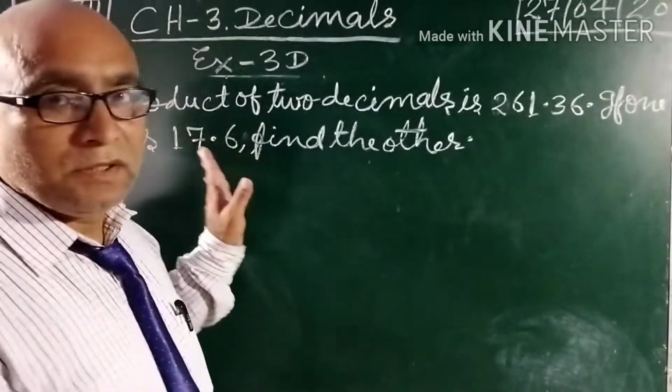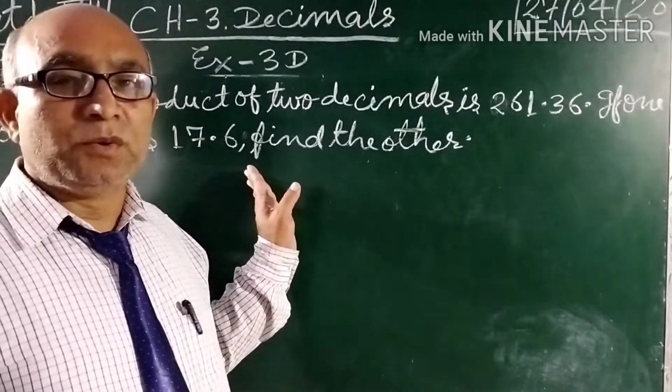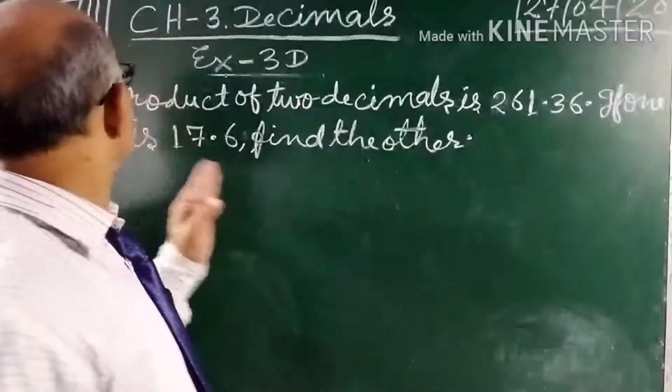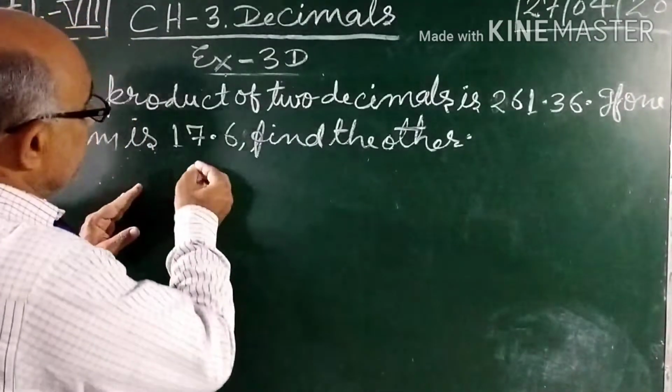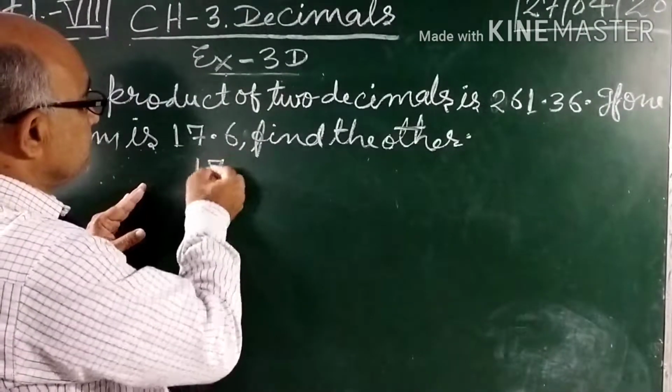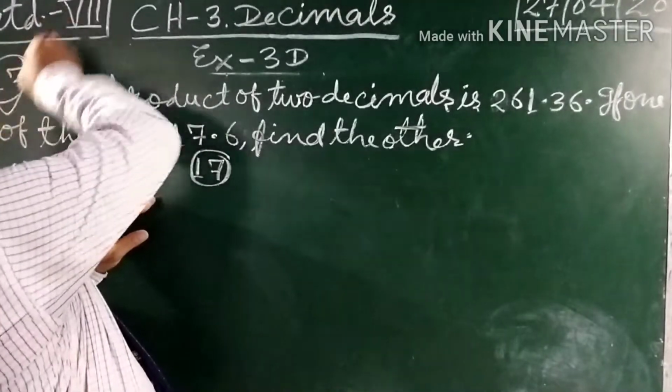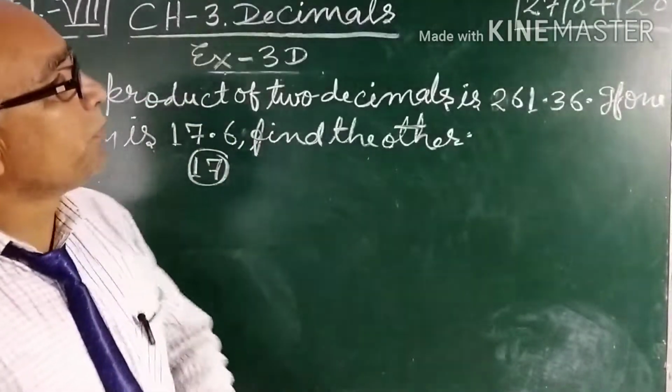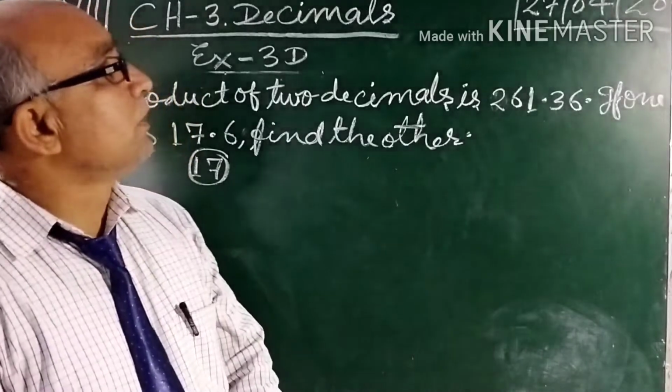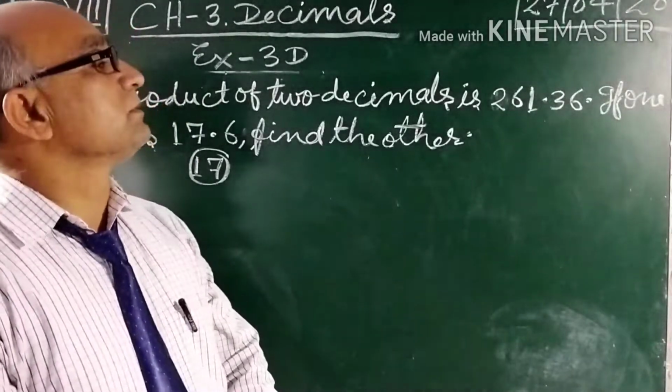Next question. It is a very important question of this exercise. Question number 17. The product of two decimals is 261.36.